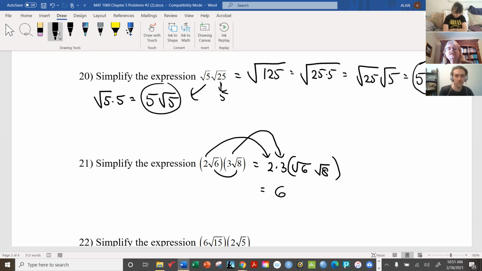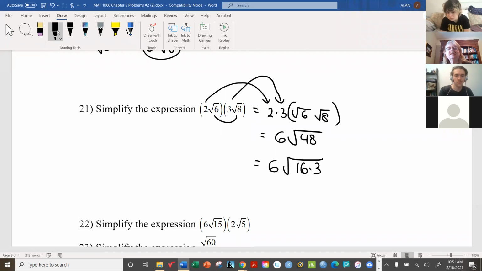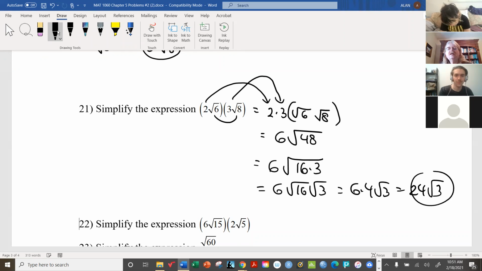So this is 6 radical 48. Now here we get a break because 48 is 16 times 3. Oh, yeah. So you get 6 times 4 radical 3. 24 radical 3. Much nicer than what we started out with. Look at this mess. Yeah, that's so much better.